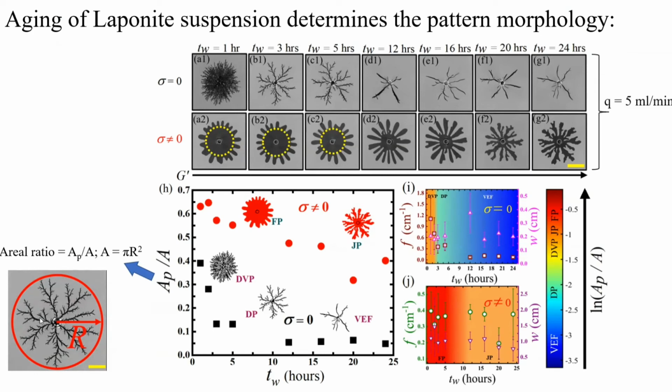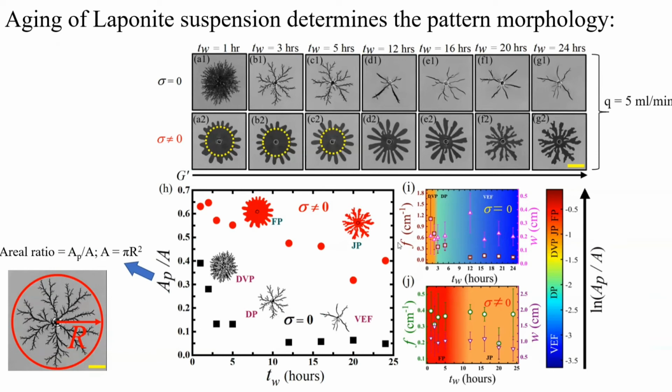In this picture, the areal ratio is the area of these black pixels divided by the area of this red circle. For our patterns, we see the areal ratio Ap/A decreases with increasing age of the Laponite suspension, and it is always larger for immiscible patterns when compared with miscible patterns.